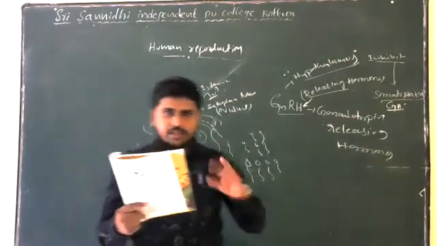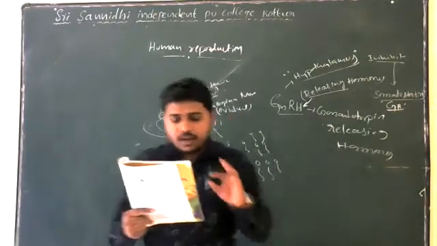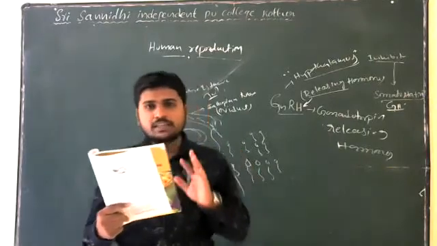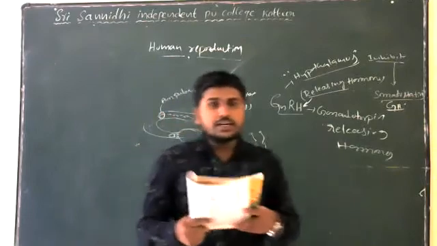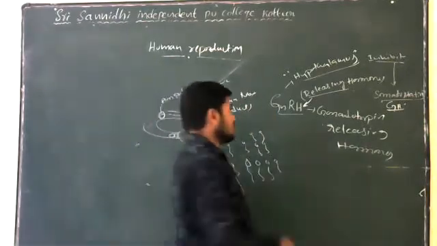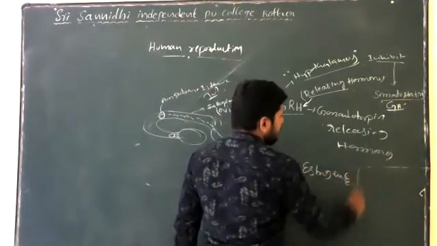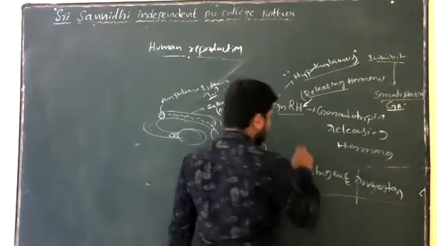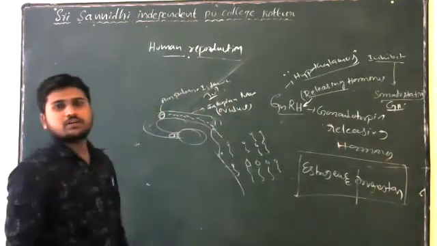Other changes, pulse frequency in females, is controlled by the circulating level of estrogen and progesterone hormone. Remember, estrogen and progesterone. The secretion is controlled depending on the circulating level of these hormones.